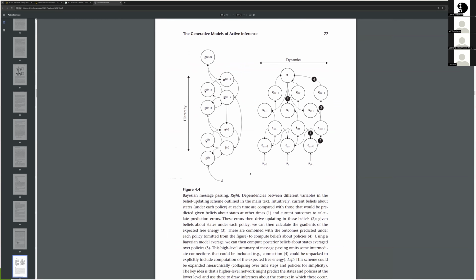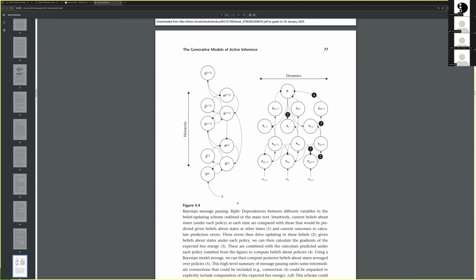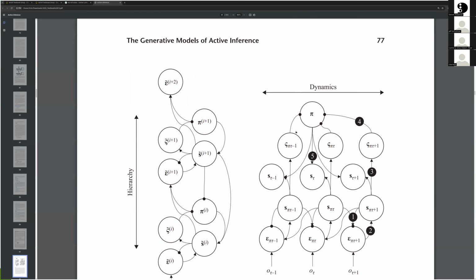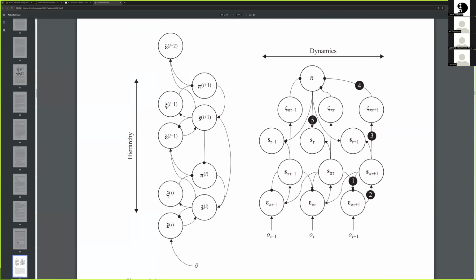Here, it's shown with another notation set. The left is showing a classical predictive processing hierarchical model. So observations through time are coming in, O tilde. Each of these four that look closer together are one layer of the hierarchical predictive processing hierarchy.